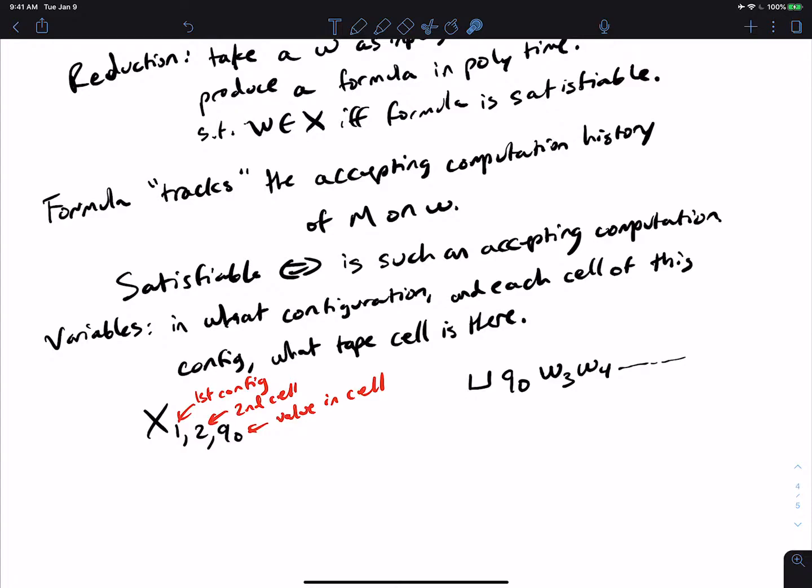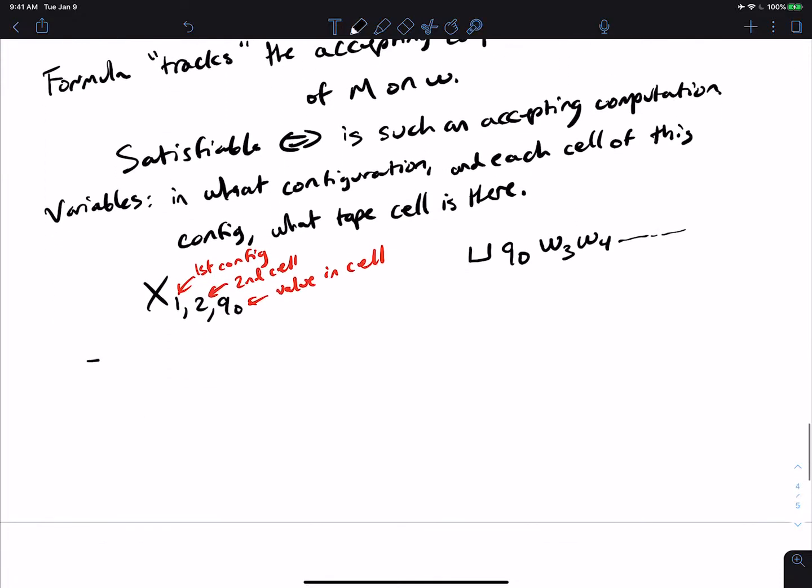So the length of each configuration is at most a polynomial in the length of the input. So that tells us that the number of configurations is polynomial. The size of each configuration is polynomial. So that means that the number of variables that we're making here is polynomial.